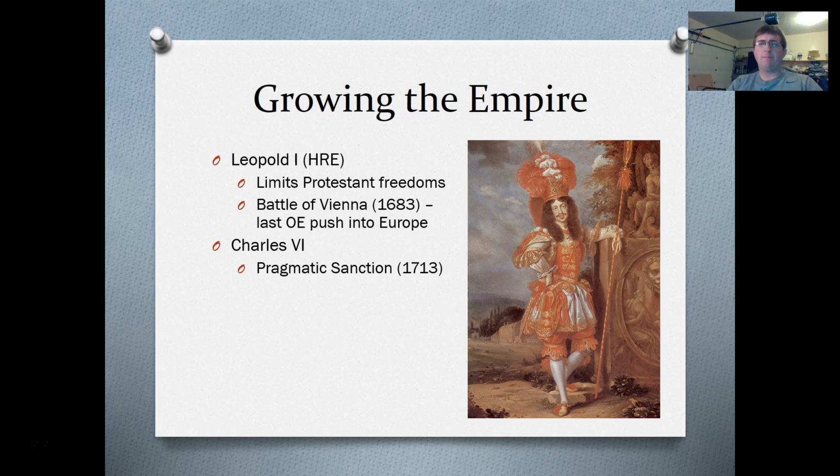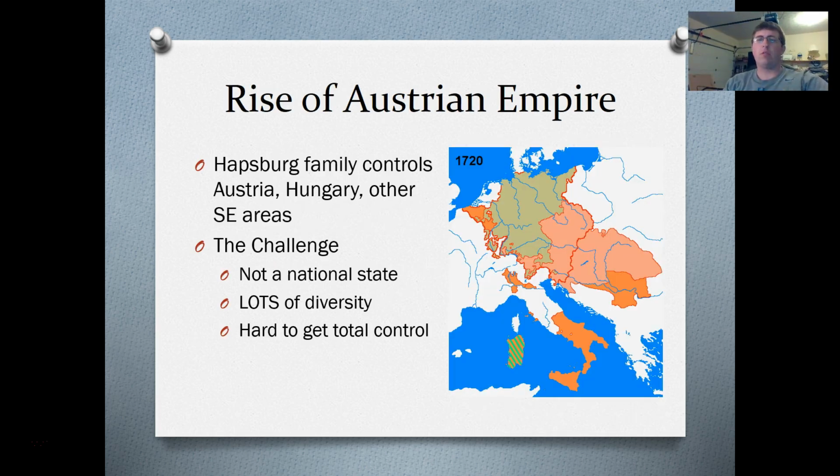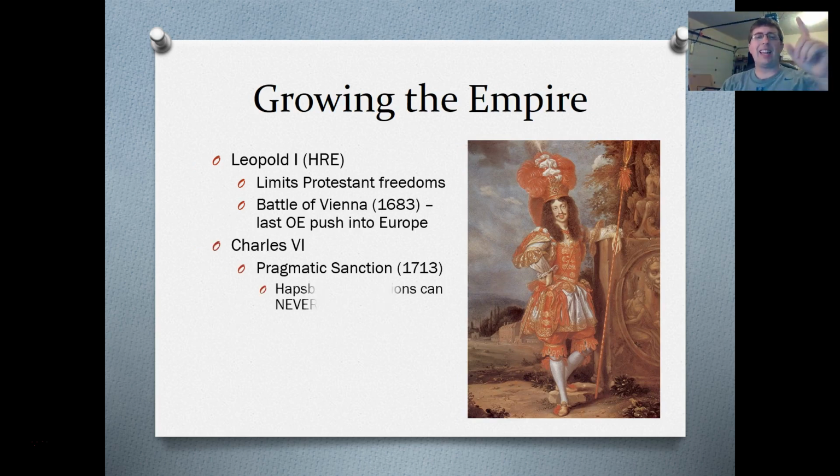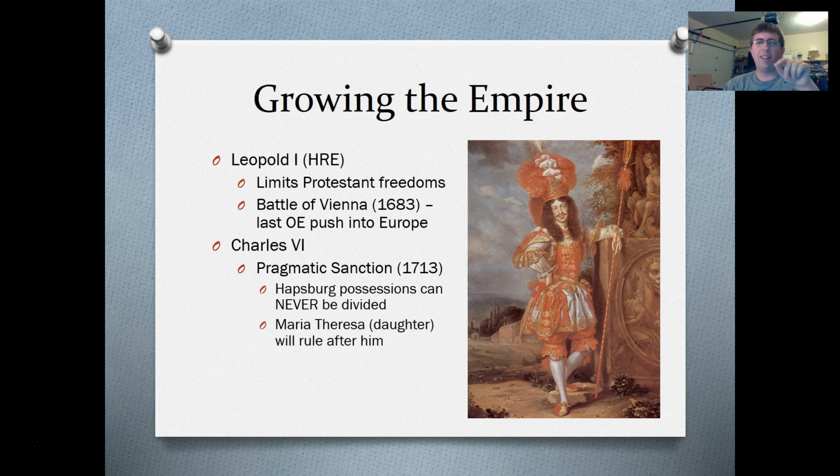He's a Habsburg king. He issues this thing called a pragmatic sanction, which means that he basically orders an edict that says that all the land that the Habsburgs have, all this land which features a lot of diversity, a lot of different ethnicities, legally cannot be divided. And the reason why he does that is that his heir is his daughter, Maria Theresa.